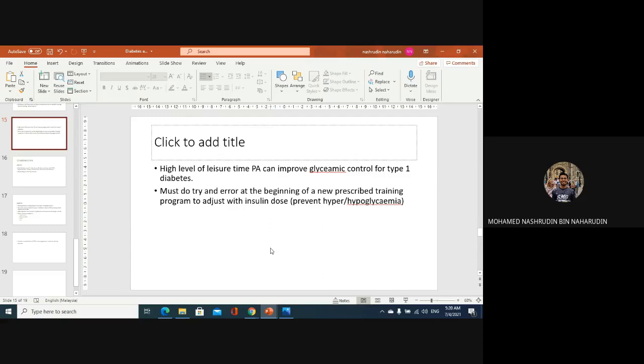You can draw systematically the glucose tolerance based on the exercise intensity and exercise demand. Okay, and that can work as well. You must do trial and error, because you will never understand how they will respond to a certain degree of exercise when you implement an overload in the training program.